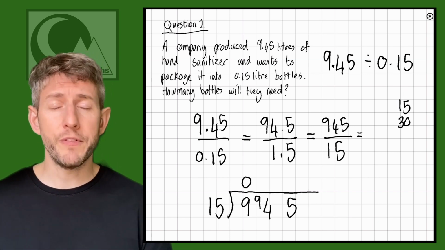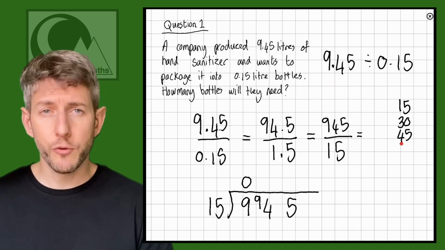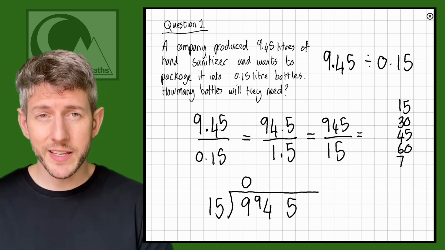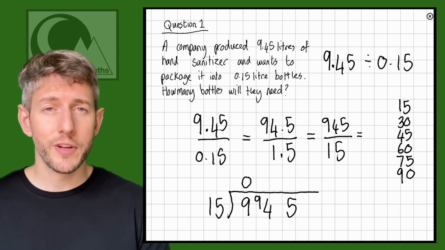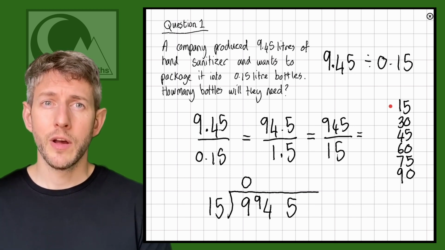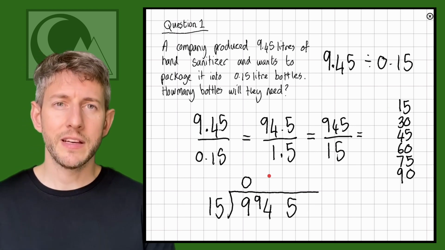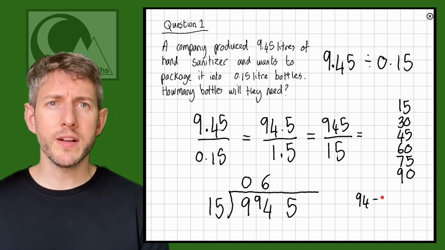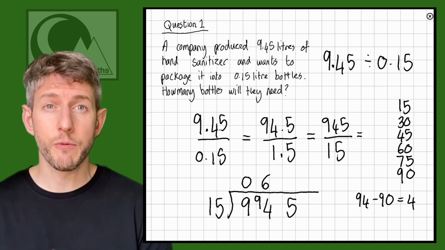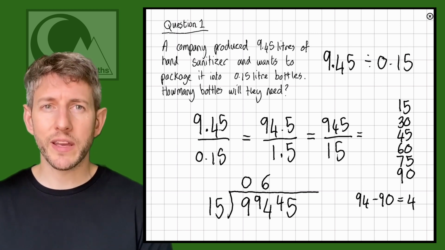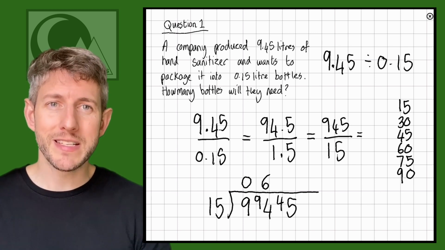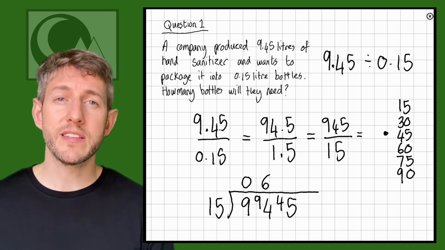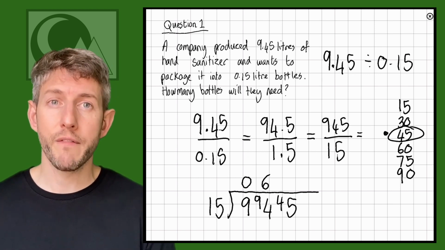So we've got 15, 30, 45, 60, 75, 90. Okay, so it fits in 6 times. So I'll put a 6 up there. And we're going to have 94, take away the 90, leaves us with 4 remainder. So we're now looking at 45. Luckily, we've written down our 15 times table, so we can see that 15 fits into 45 3 times.